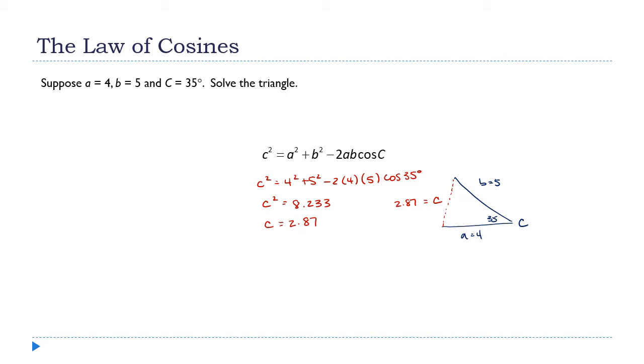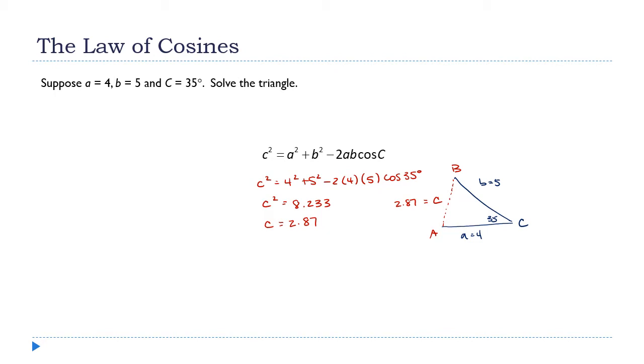Now what? Now I need to find the missing angles, angle A and angle B. Well, I can use the law of cosines to do that as well. And remember, which angle gets to be A and which gets to be B, the labels don't really matter.